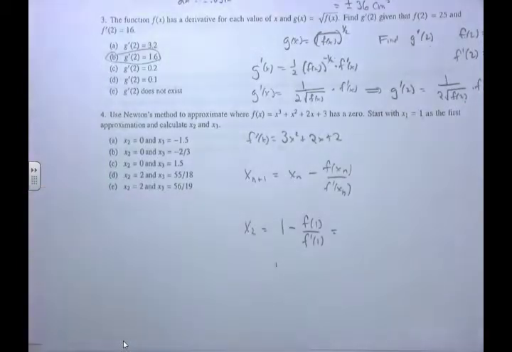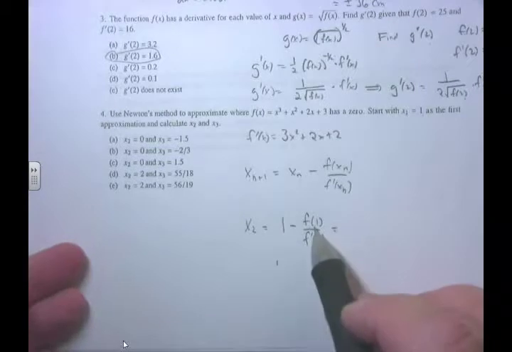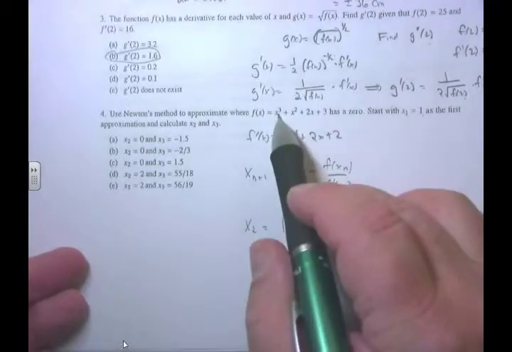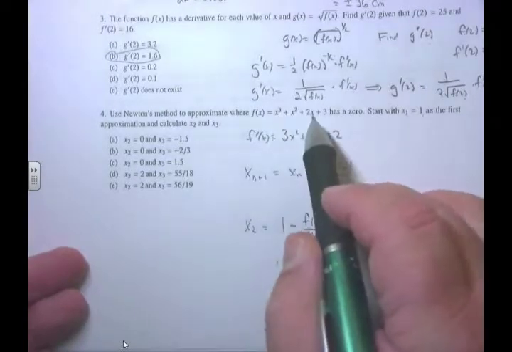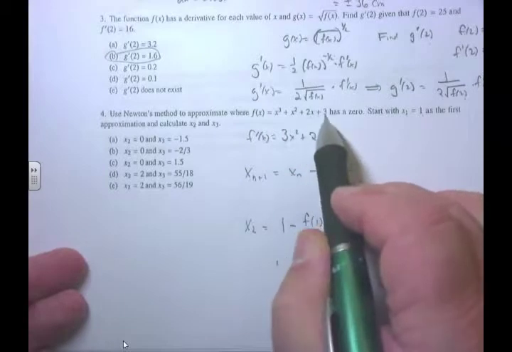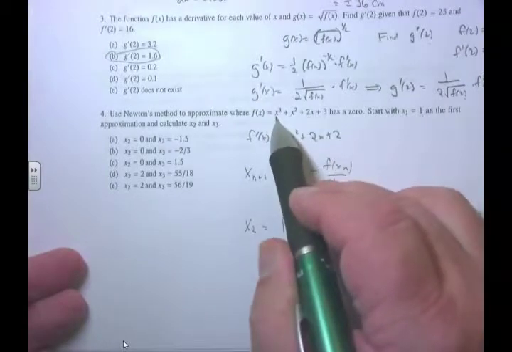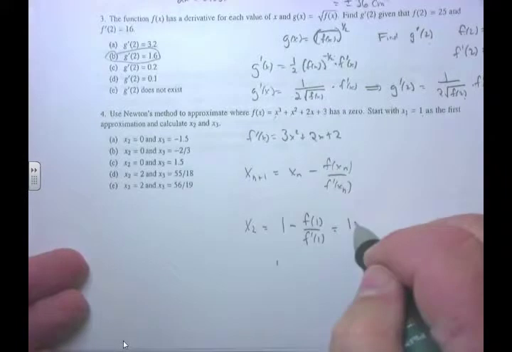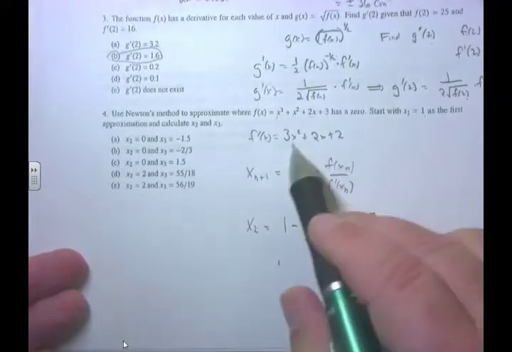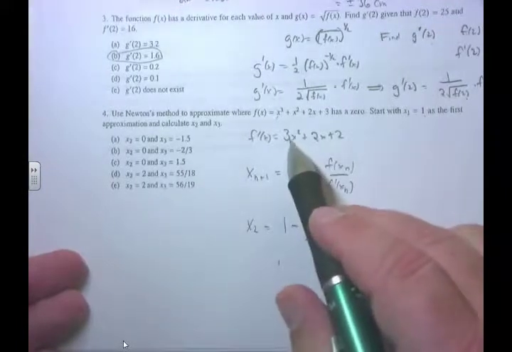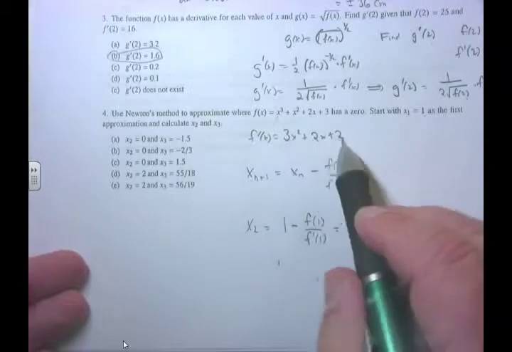Okay? So, this is definitely going to be a calculator problem here, but I don't need a calculator yet. When I plug in 1 into my function, 1 plus 1 plus 2 plus 3. 2 plus 3 is 5, plus 1 is what? 7? So this is 1 minus 7 over, plug into the derivative. Plug in 1 here. This is 3, 2 and 2.